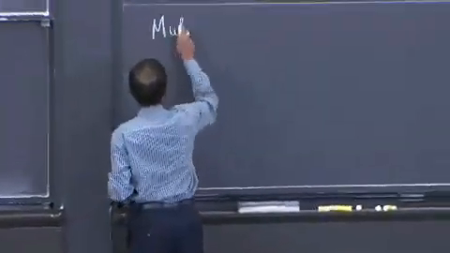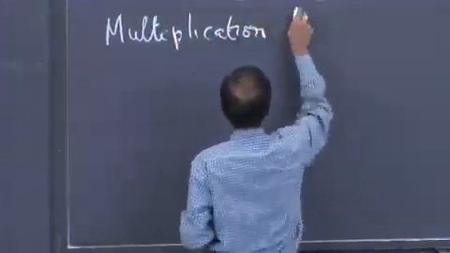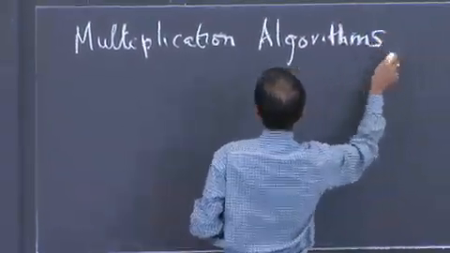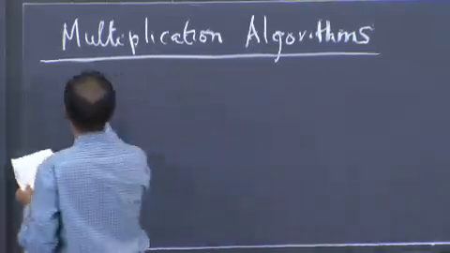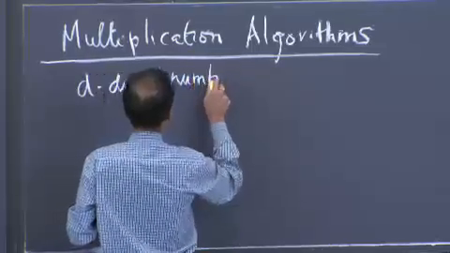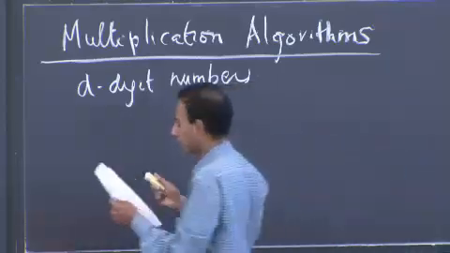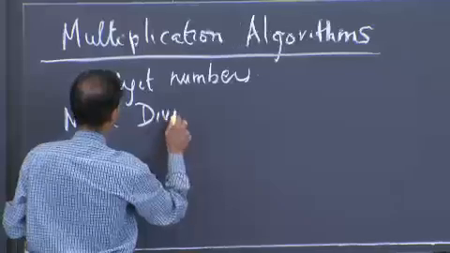We have multiplication algorithms, and we want to be able to multiply d-digit numbers. And the naive algorithm, you can imagine doing divide and conquer.